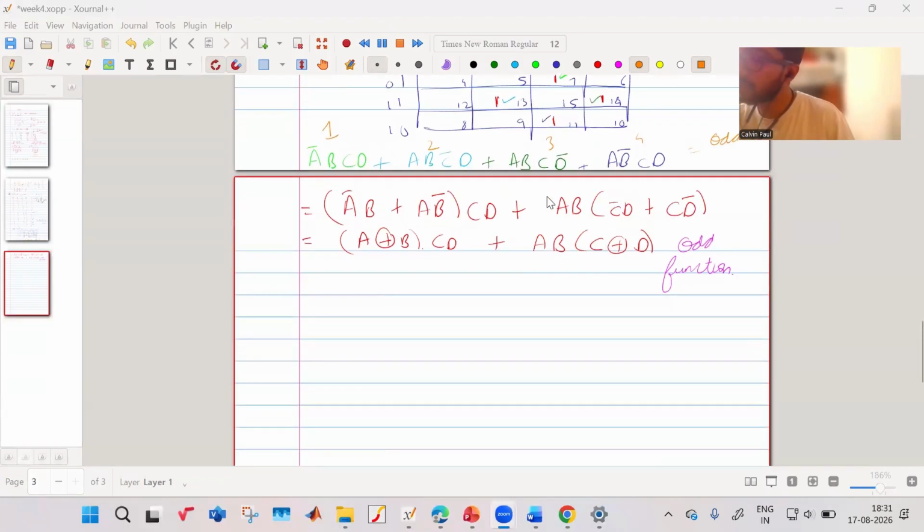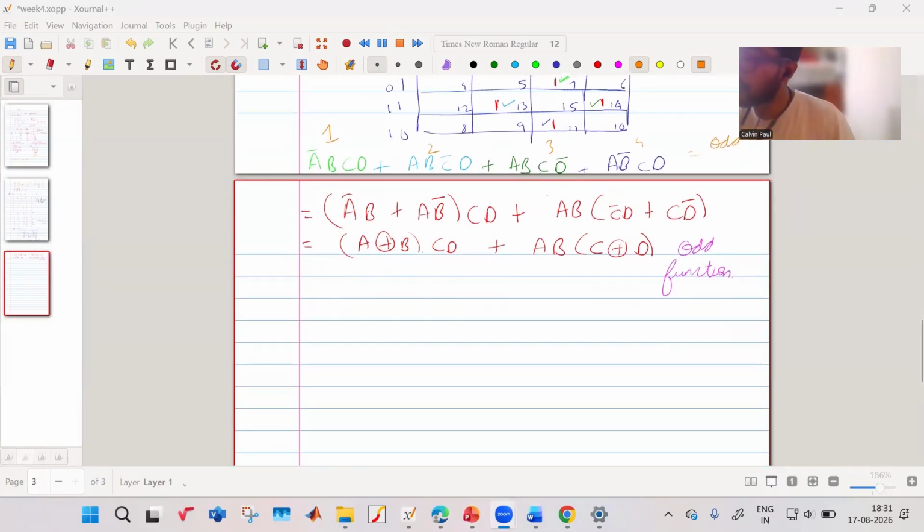Now, there can also be an even function. What is an example of an even function? Let us say we have some y2. y2 is what? You can have A, B, C bar, D bar, right? It could be A, B bar, C, D bar.